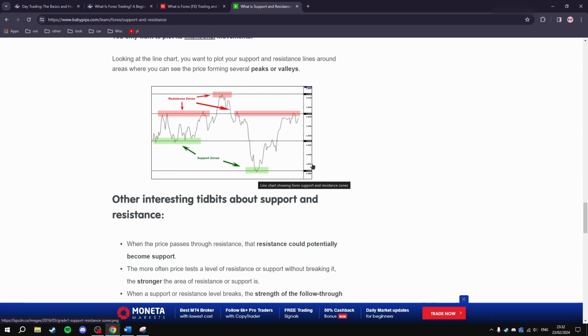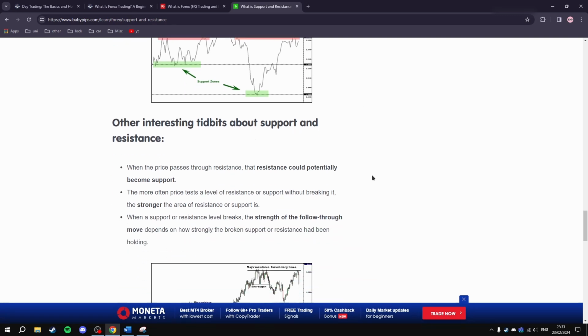I think you would need to have a right overview picture, not a close-up one, because this could also be a resistance level, couldn't it, if you only looked at this section of the graph. So to do this you would need to have a pretty big section of the graph. Support, bouncing it up, bouncing it up. This could be a mini resistance here, but instead it's actually all the way out here.